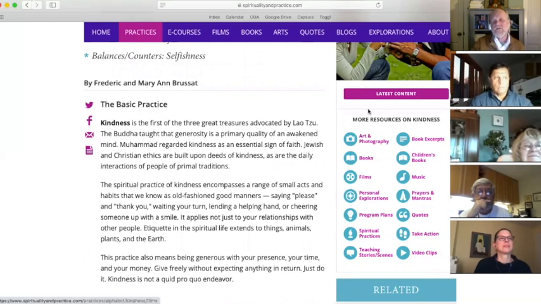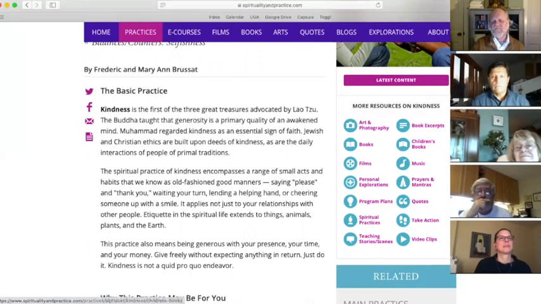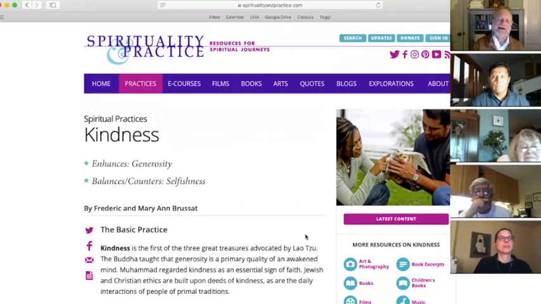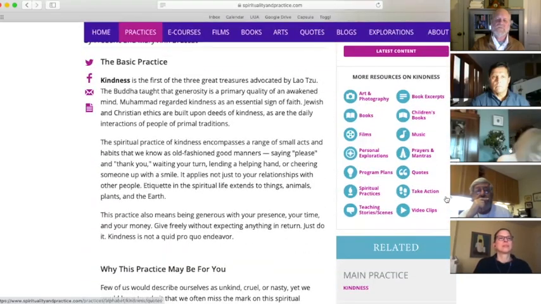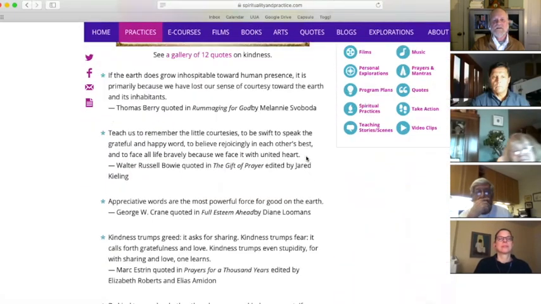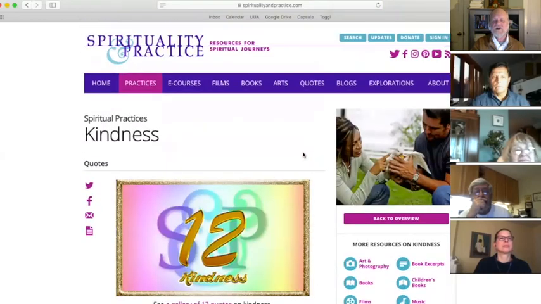And over here on the right-hand side, they have lots of little things you can do. I'm on kindness here, so they have some spiritual practices around kindness, and some quotes you can get around kindness. Just things you can share.